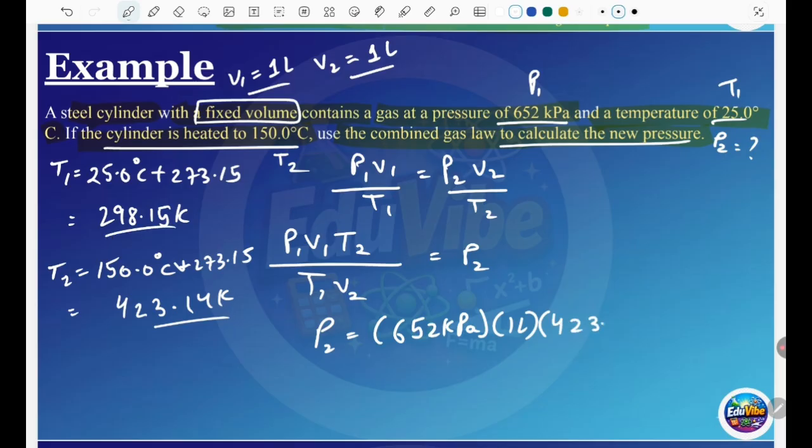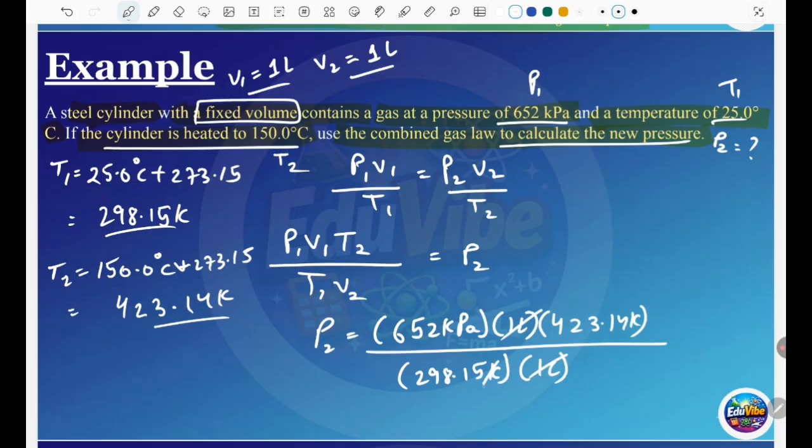So 423.14 Kelvin divided by 298.15 Kelvin, and V2 is again 1 liter. Both volumes cancel out, and Kelvin also cancels out. So for P2, you get about 925.3 kPa.